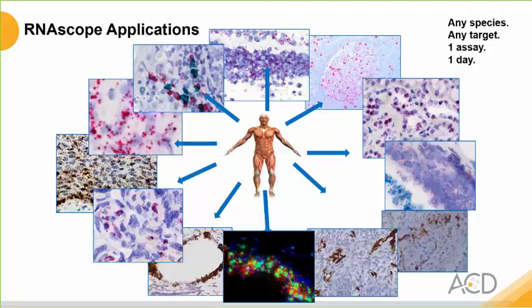But that's by no means required. We can go down to a couple hundred base pairs with as few as 8 to 12 double Z pairs. And so it really depends on the level of expression of that messenger RNA molecule. In general, for the lower expressors, it's nice to have a longer sequence that's targeted, whereas for some of the high expressors you can get away with targeting a much shorter region.